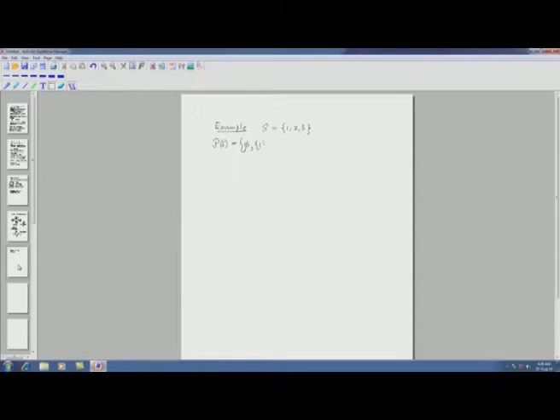So, it is phi, then {1}, {2}, {3}, then {1,2}, {1,3}, {2,3}, and lastly we have {1,2,3}.